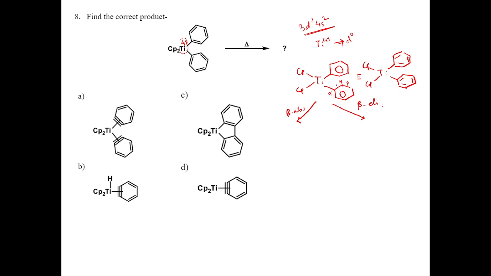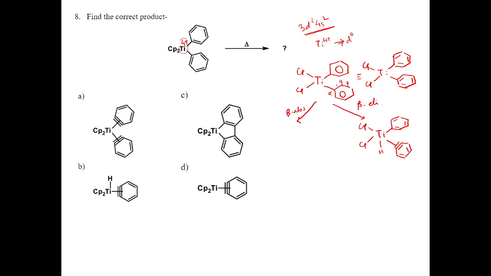Right. So if we do the beta elimination reaction, let's say it is going through beta elimination. Okay. So what will happen? This type of benzyne intermediate will form. This hydrogen will be there, and there is Cp, and there is Cp. Right.